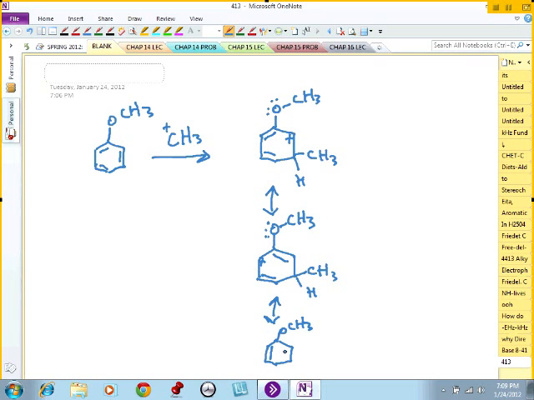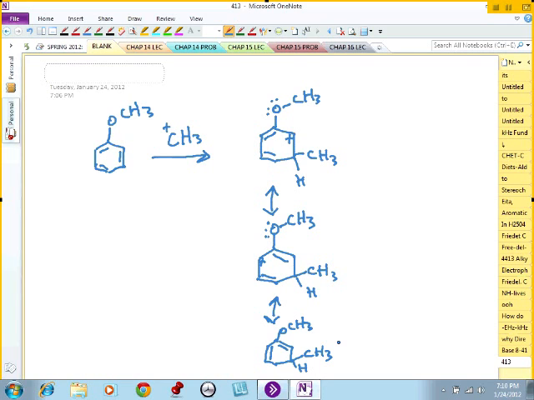So that is now here, and this one is still here, and of course we still have the methyl here, and the hydrogen here. So you see, when it goes to the meta position, you do not get as much resonance stabilization. So that is why those groups in which you have non-bonded pairs of electrons attached to the ring direct to the ortho and para position.